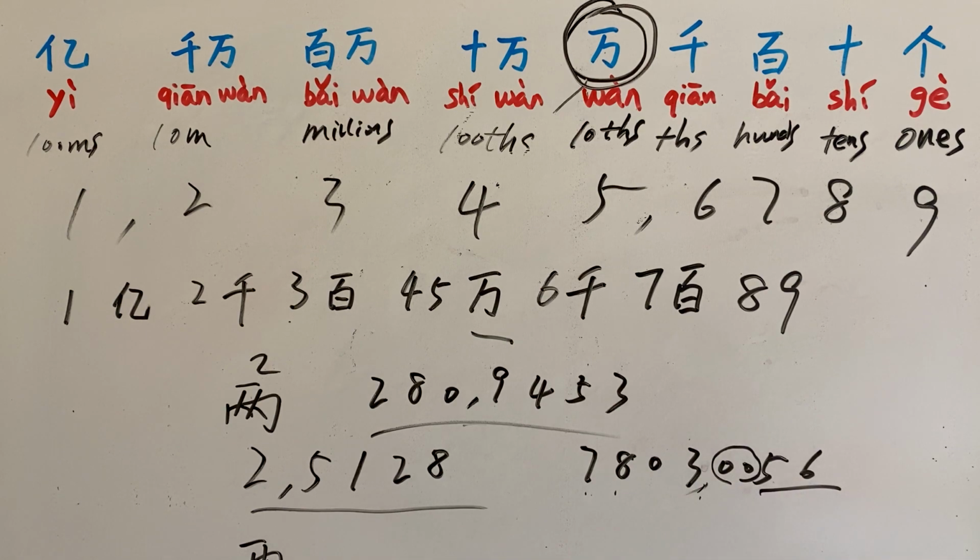These two zeros, you just name 零 once. You say 零 once, not twice. Just once. 056.